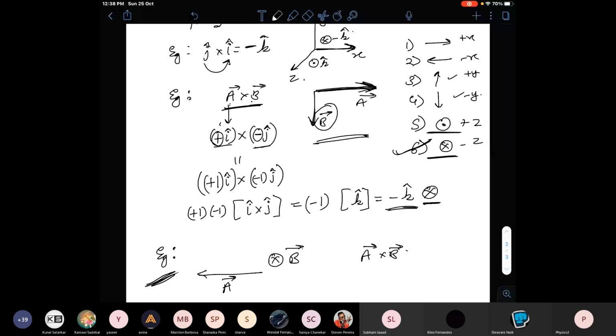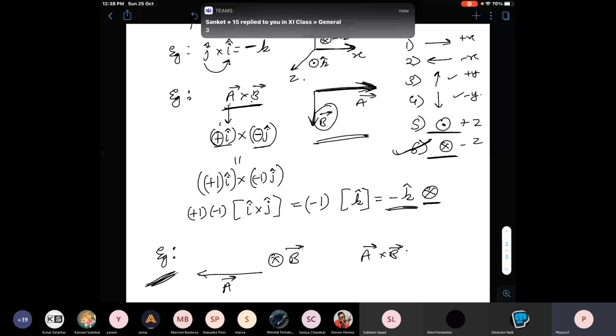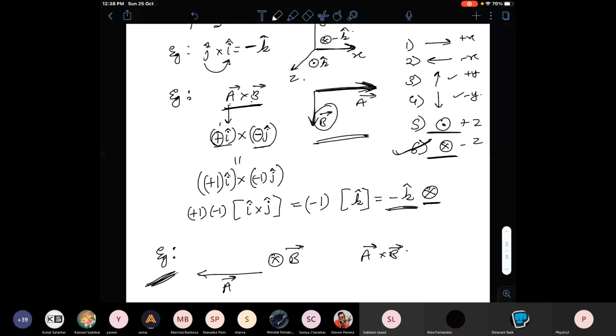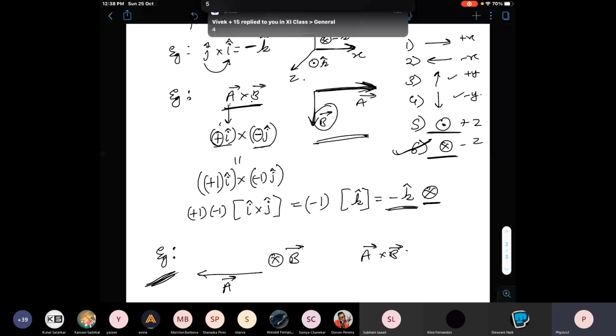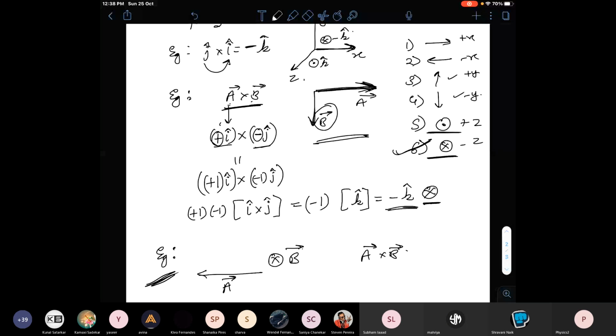Third one. Check correctly. Check your answers. So fourth? Okay, fourth. Anybody else? Fifth is also there. Check your answer. I need a unanimous answer, a single, unique answer.